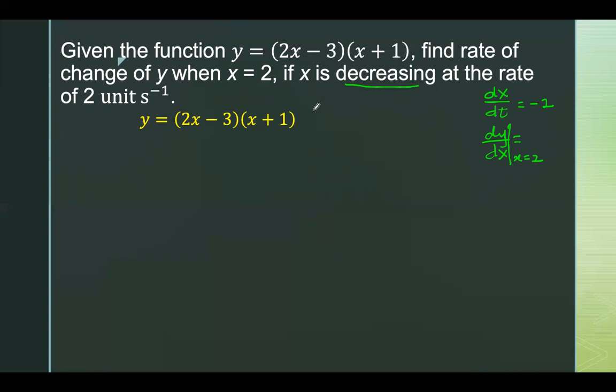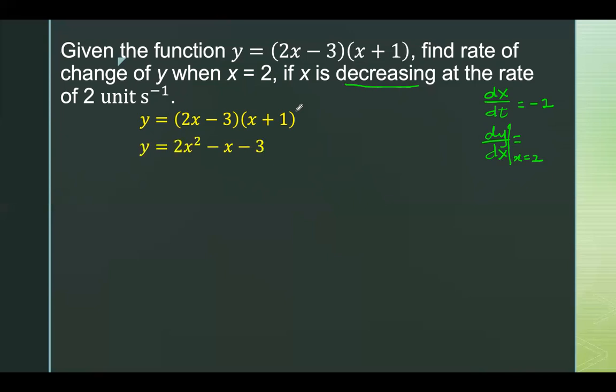Usually we do a lot of questions, then we know the trend and see the pattern. That's why in mathematics we look at the pattern, then we know how to do it.